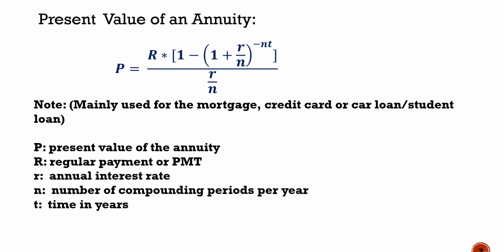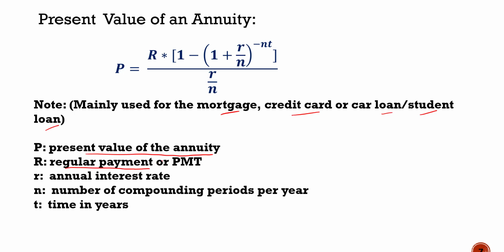The present value of the annuity formula looks similar but not the same. Here we have the regular payment times square bracket 1 minus (1 plus r, the annual interest rate, over n, the number of compounding periods) raised to negative nt, over the annual interest rate over the number of compounding periods. It is mainly used for mortgages, credit cards, car loans, and student loans. P represents the present value of the annuity.